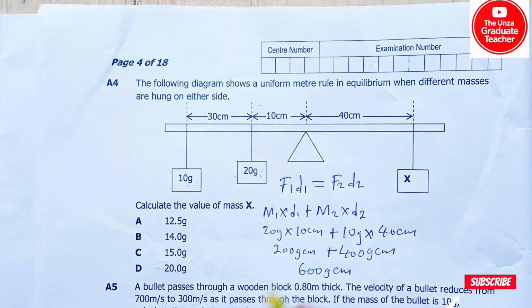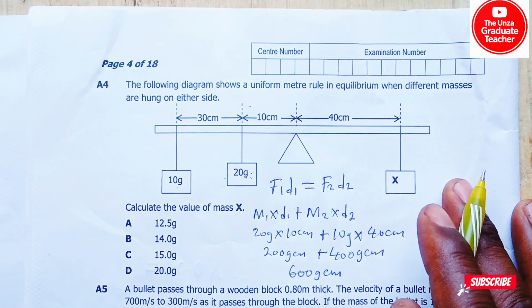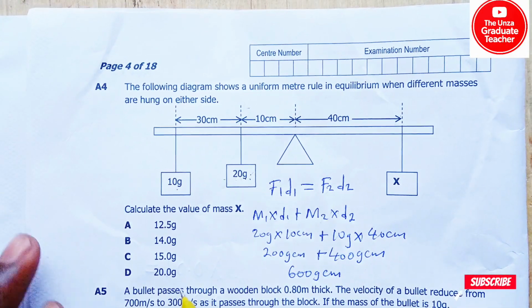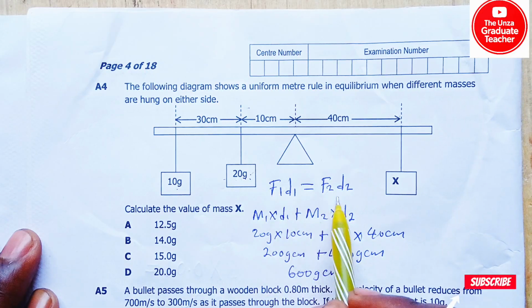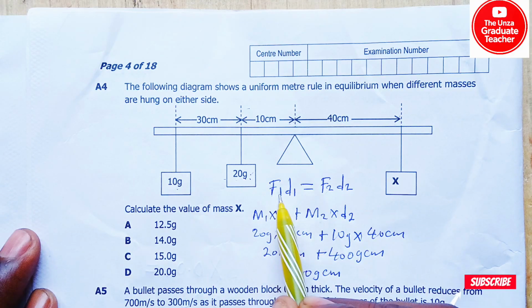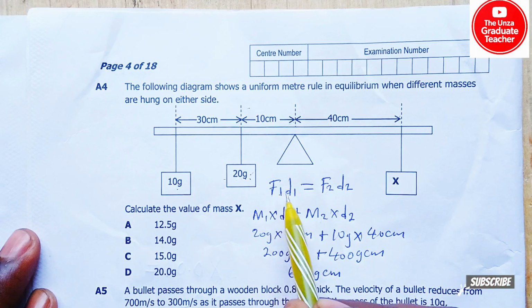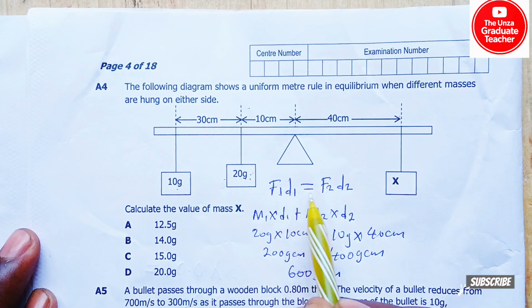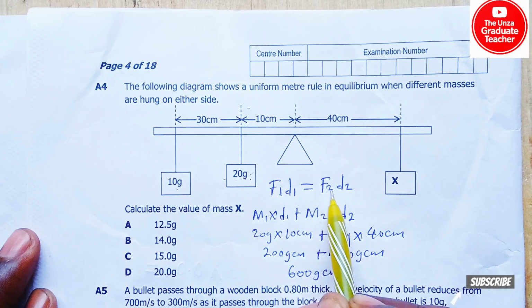Now we apply the formula F1 times D1 is equal to F2 times D2.